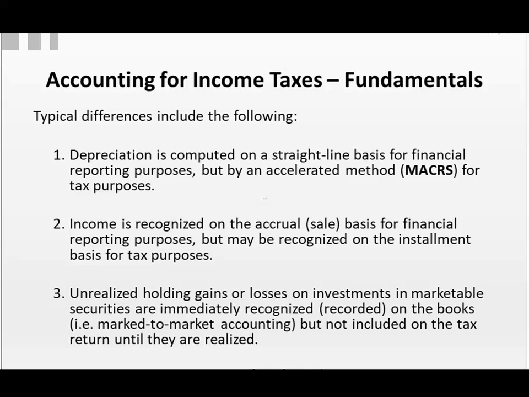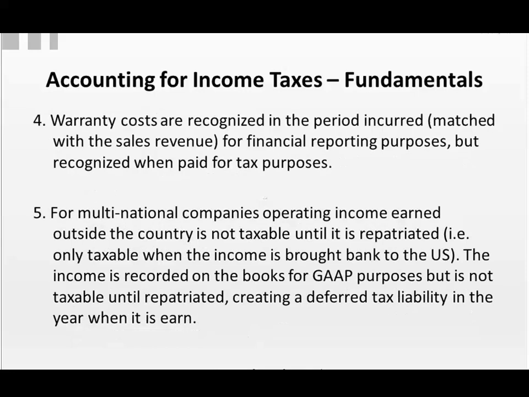Another significant difference between book and tax were warranty costs. They were recognized in the period incurred, when we make the sale, on the books for financial reporting. But they're recognized when they're paid for tax purposes. For example, you bought an electronic product, a toaster or something like that, and you got a guarantee or a warranty that if the toaster didn't work, you can bring it back and they give you a new toaster.